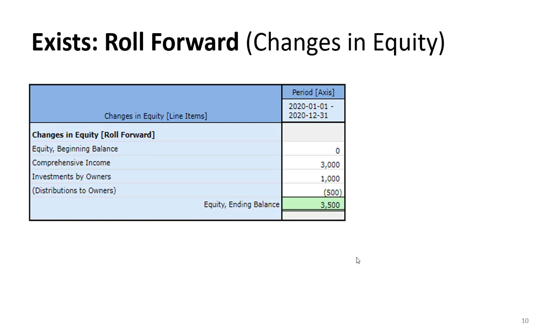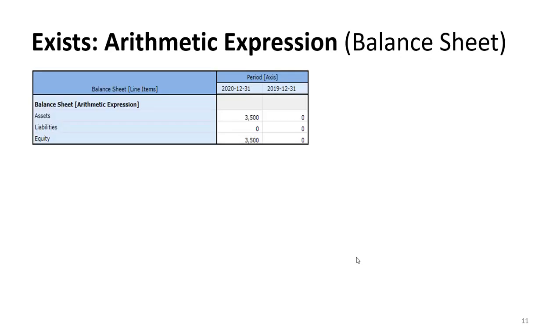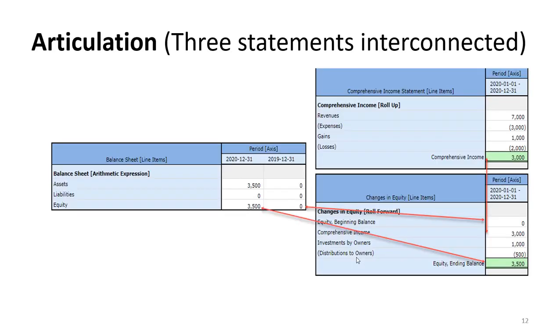A roll forward, accountants understand this, is basically a reconciliation of a beginning balance to an ending balance, and the statement of changes in equity is an example of a roll forward. And then just a general arithmetic expression, assets equals liabilities plus equity. We have that on the balance sheet, and then the three statements are interconnected via the statement of changes in equity.